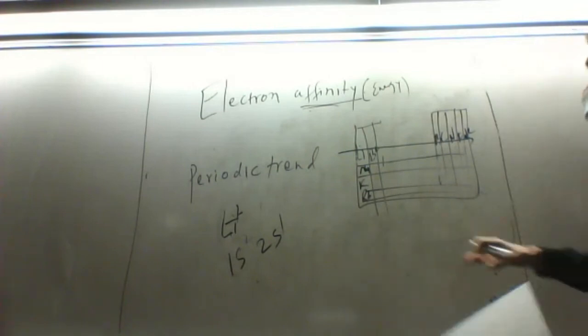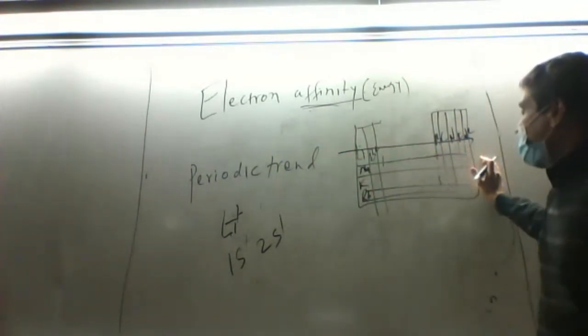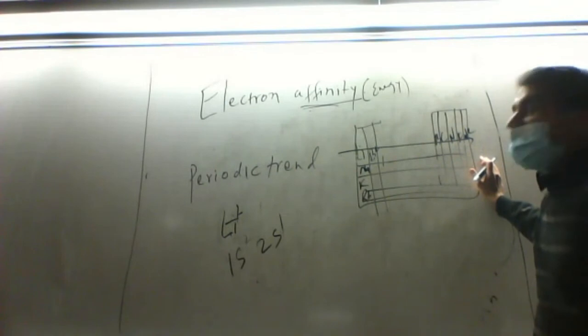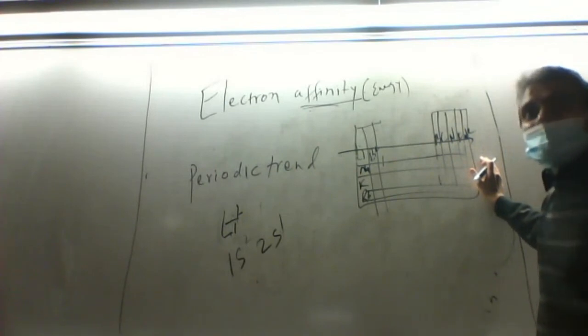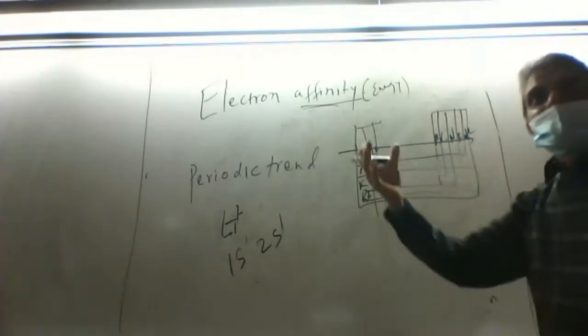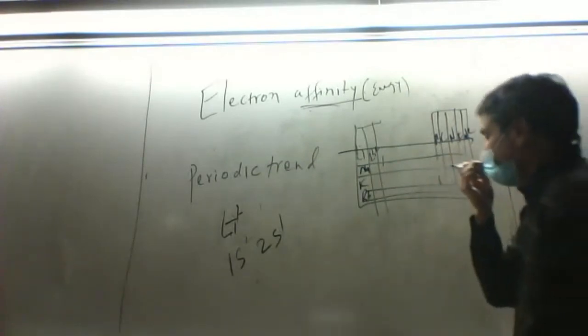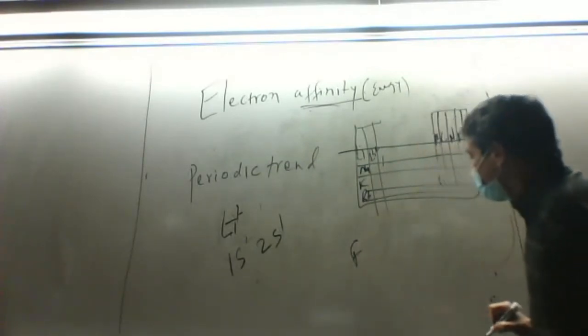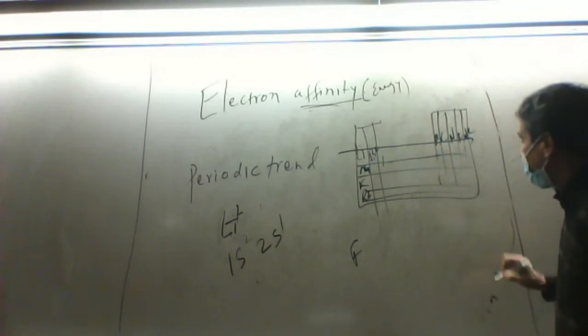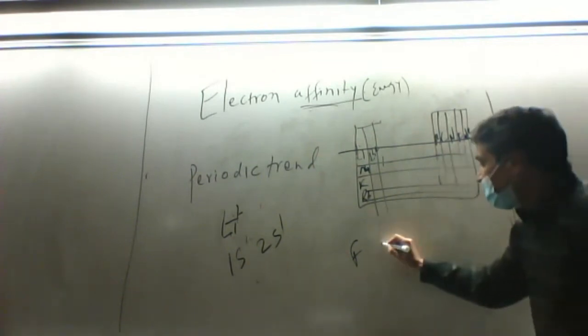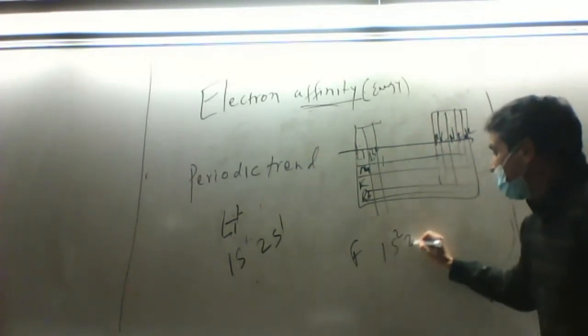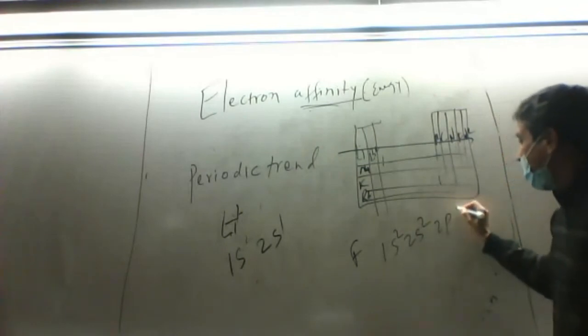Good. So as you go from left to right, the electron affinity value tends to increase. They try to accept the electron. They are electron hungry. So if you go here, fluorine has atomic number 9. If you do the electron configuration, 1s2, 2s2, 2p5.